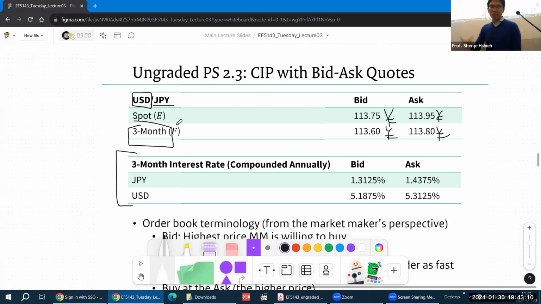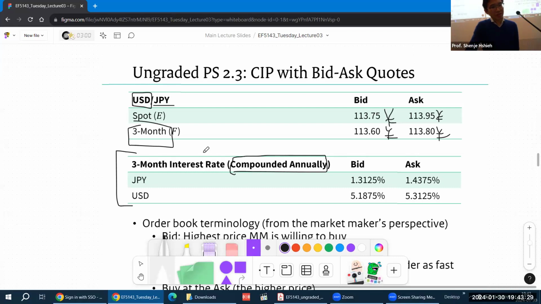So remember, CIP must hold for all investment horizons. Okay, so if this is 3 months, then we must check for 3 month interest rates. This is the 3 month interest rate, but it is annualized and assumed to be compounded annually. So we need to, again, be careful.